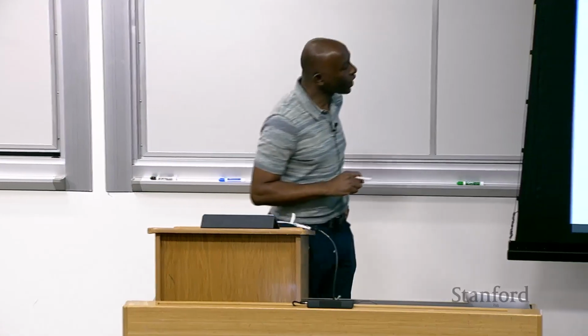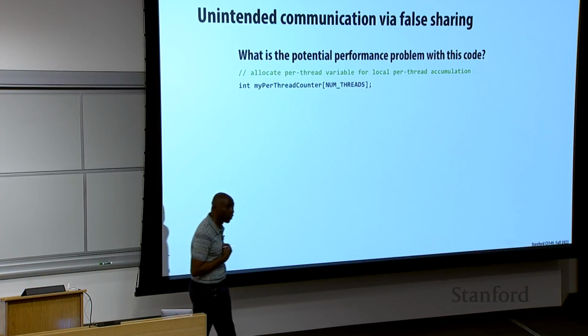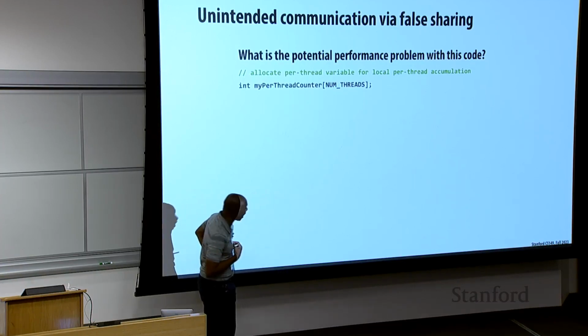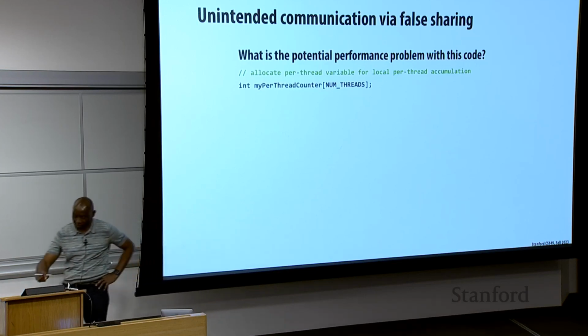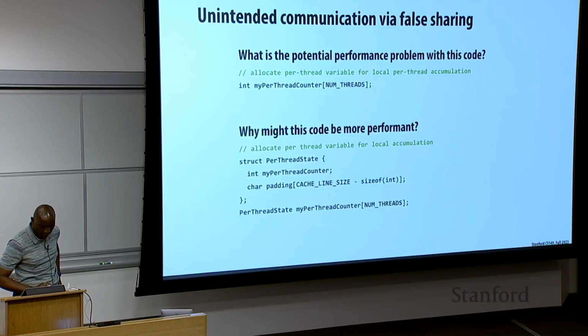So one of the things that happens when you have caches and cache lines and sharing is sometimes you get sharing where you don't expect it. This is called false sharing. So let's look at an example of how and where this can happen. Suppose I've got an array of integers, based on the number of threads I have in my program.